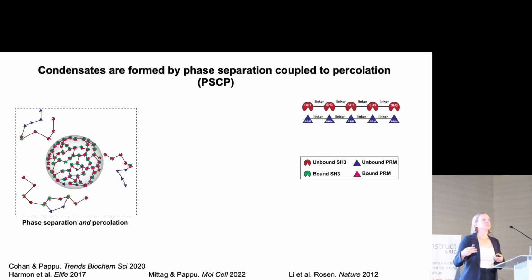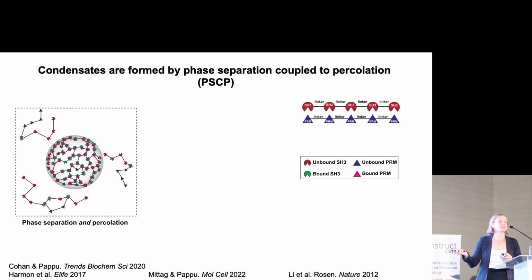And if these have low enough solubility, then they can form a separate phase. And this is now a phase-separated condensate. Multivalent interactions alone are not enough, because you can make this percolated network at high enough concentration. You also need this relatively low solubility and couple this percolation to a density transition to get these condensates.